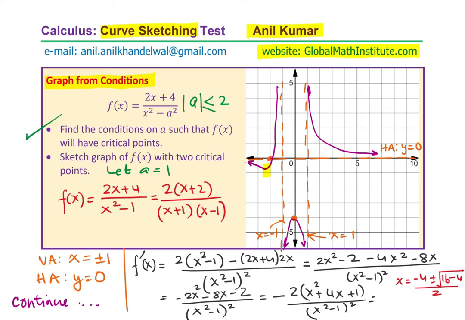However, I'd like you to analyze first derivative to find local maximum and minimum, right? And then analyze the second derivative for concavity. So you can see very clearly that the graph is concave up in these two portions, right?